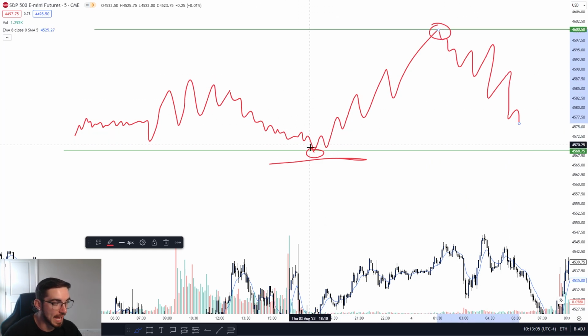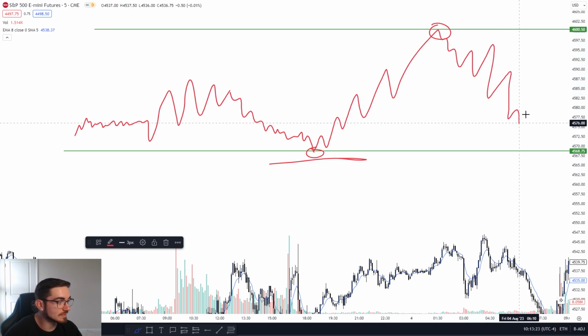So again, if you're a buyer, you're buying down here, and if price goes up, you're going to make money. Short sellers, they can sell the equity, sell the futures, whatever it is, up here, and if price drops, they are going to profit off of that move.